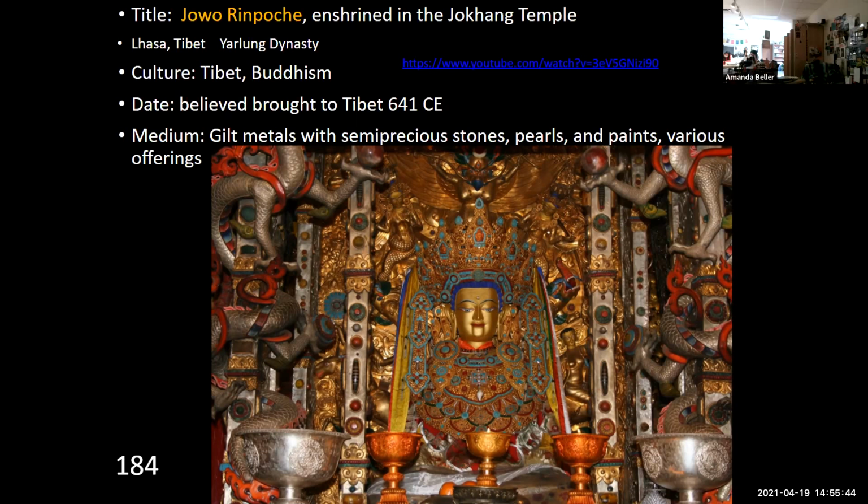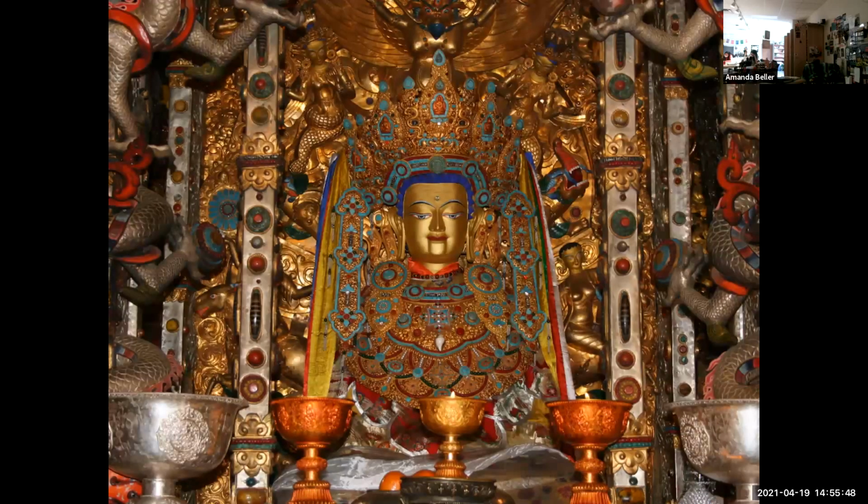Bright colors, obviously gold. And if we look at the lanterns in front of him, each one of these lanterns is oil burning, right? So you have this flame burning with oil, and the offerings were brought here. Now, if Sydney makes the trip to Tibet to go to this temple because her mom is sick, when she gets to the temple, she's going to write her mom's name on a tiny little strip of paper.